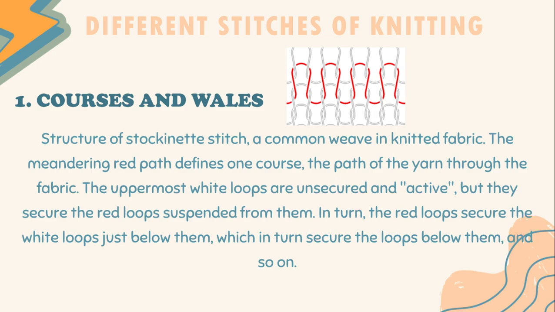In turn, the red loops secure the white loops just below them, which in turn secure the loops below them, and so on. So this is the picture example of courses and wales.